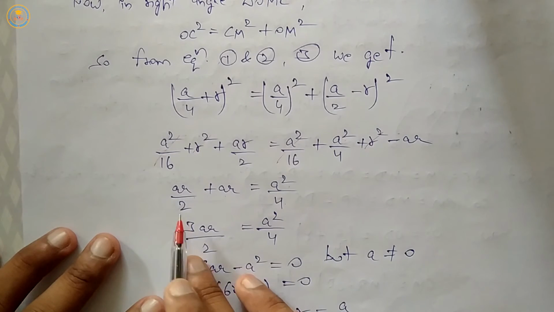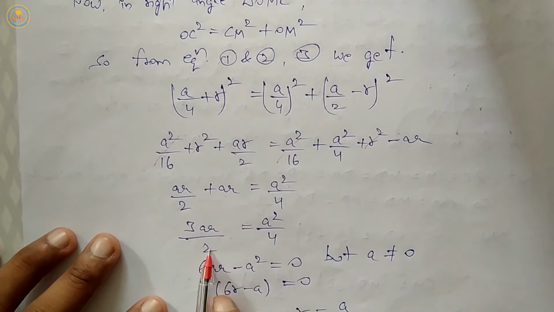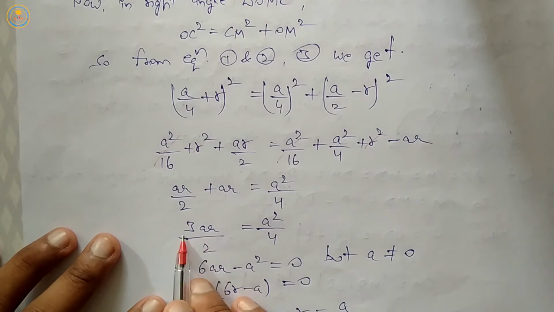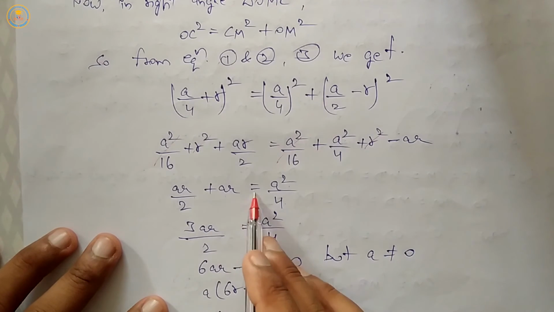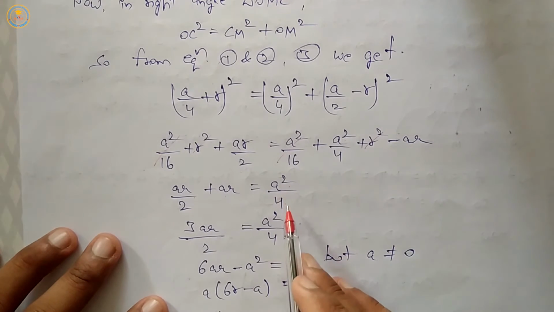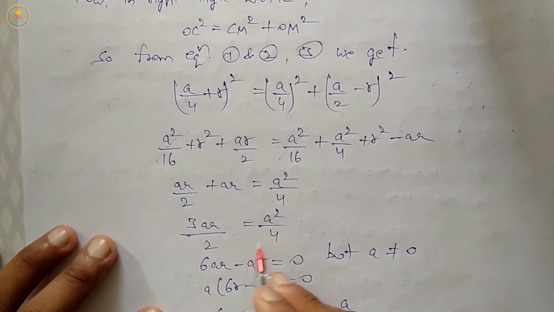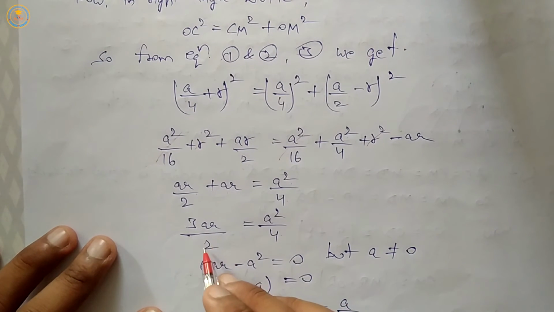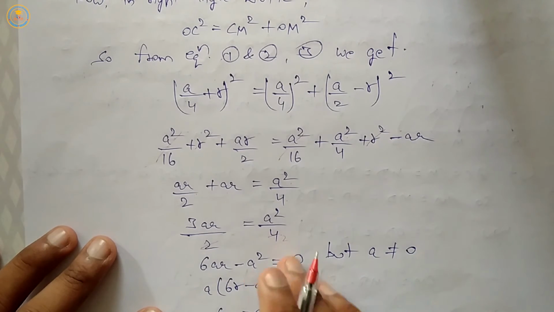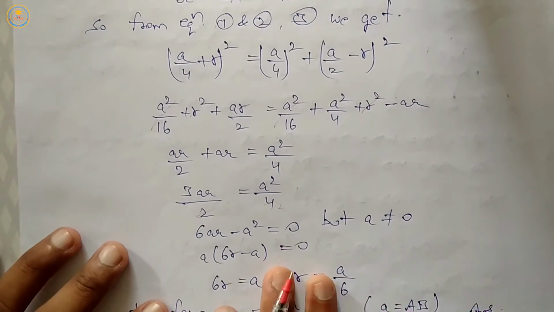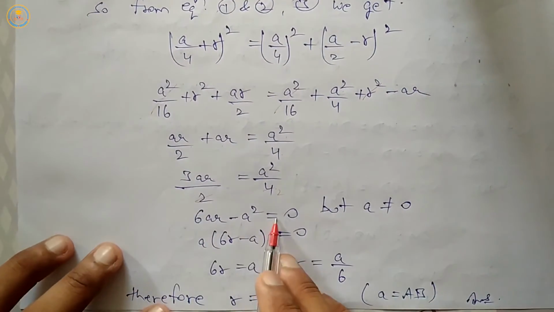Then taking the LCM, which is 2: ar plus 2ar means 3ar divided by 2, equal to a square by 4 as it is. Then 4 cancels out by 2, two times cancels out, 2 into 3 means 6ar minus a square equals 0.